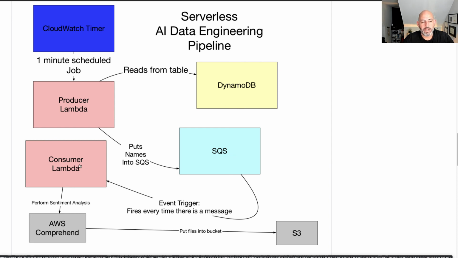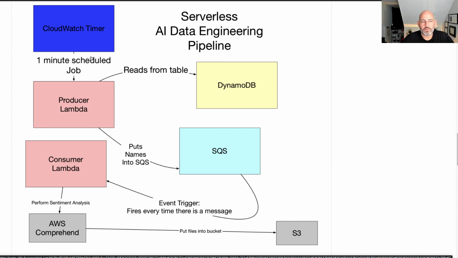And then this is an event-based workflow where every time a message appears, it immediately calls automatically the consumer Lambda, which goes through and grabs the message from SQS, parses the message, does whatever we told it to do, in this case Comprehend analysis, and then extracts that and puts it as a file name into S3.